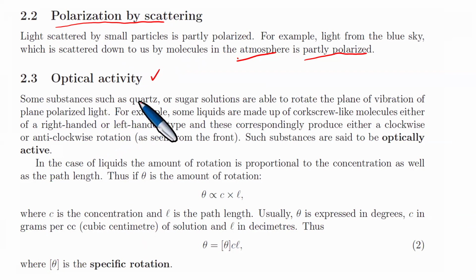Some substances such as quartz or sugar solutions are able to rotate the plane of vibration of plane polarized light. For example, some liquids are made up of corkscrew-like molecules, either right-handed or left-handed, and these correspondingly produce either a clockwise or anti-clockwise rotation as seen from the front.